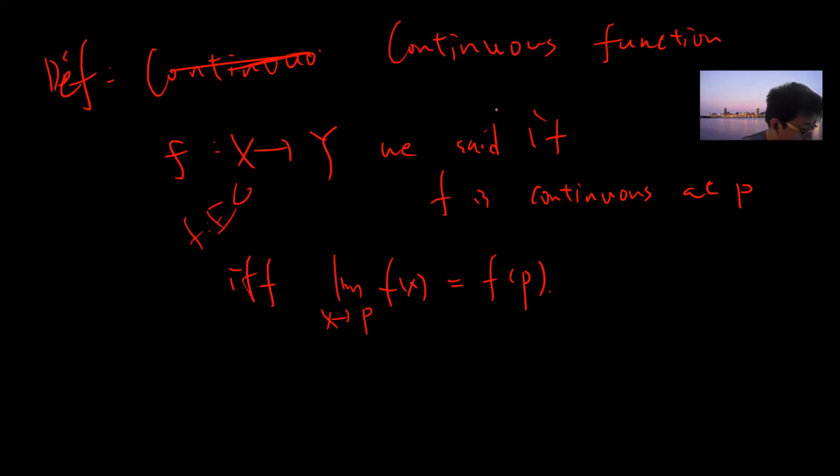Yeah, so this is the definition. You see the limit is the same as the point's value, which means continuous. So the condition is that if f wants to be continuous at p, then f must be defined at p.